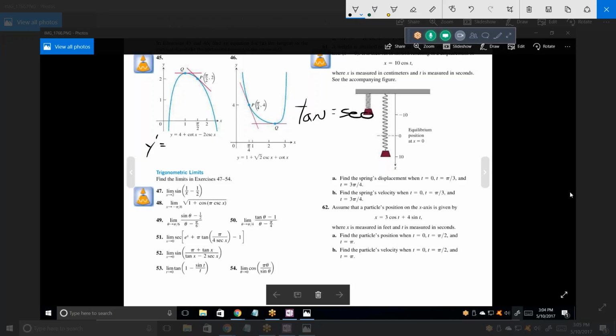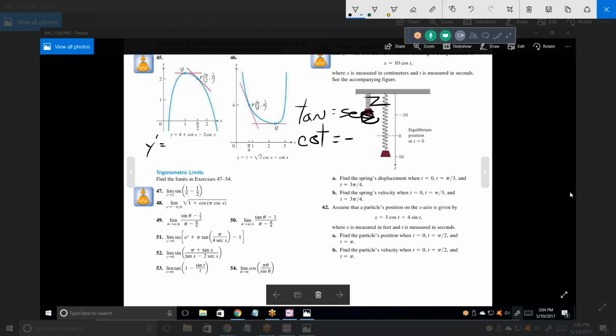Secant times tangent. Secant squared. No, the one you gave me was the derivative of secant. In other words, the derivative of secant is secant tangent. So it's cosecant squared. That's cotangent. The way to memorize this is if you can memorize that the derivative of tangent is secant squared, then cotangent is the cofunction of tangent.